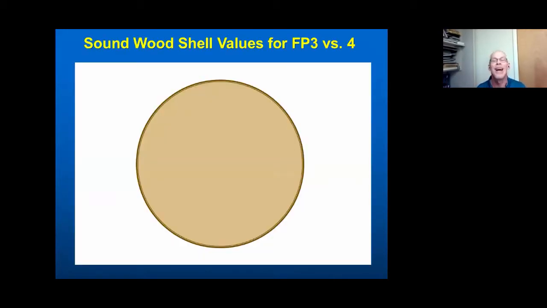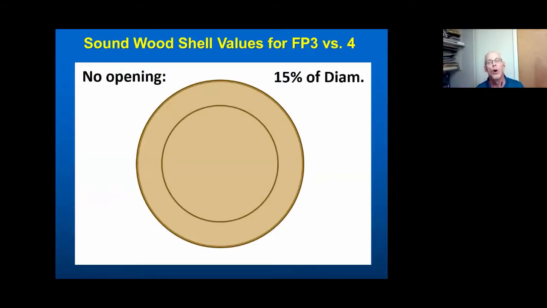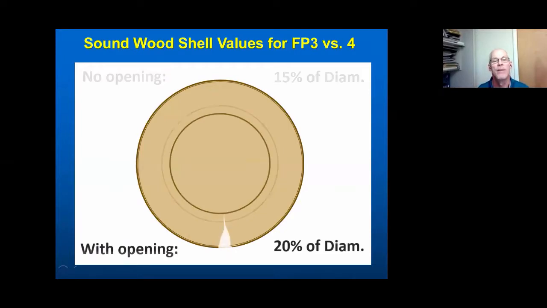Okay, just to give you an idea of what that might look like, this would be the threshold for an FP3 versus an FP4. No opening, you're looking at 15% of the diameter. And that's just basically this much wood from here to here. If you have over 15% sound wood shell, that'd be about what it looks like.